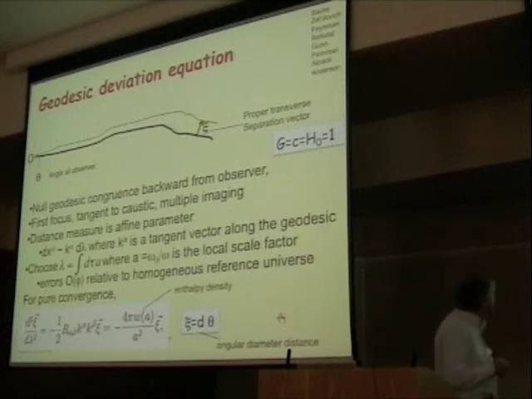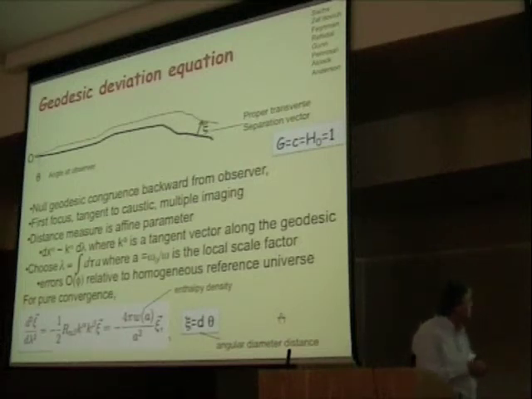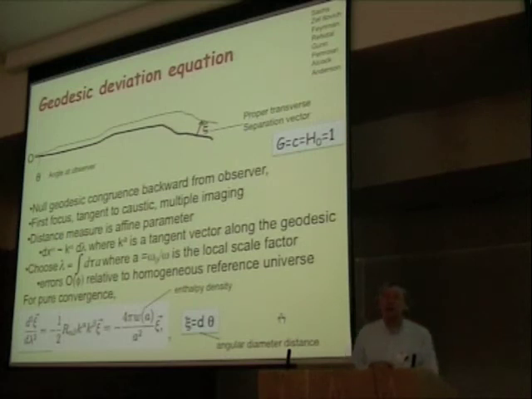If you do that, and then consider the differential equation that relates this transverse displacement to affine parameter measured along the ray, it has a very simple form. Again, this is not always apparent in the literature. It's just like a simple harmonic equation.